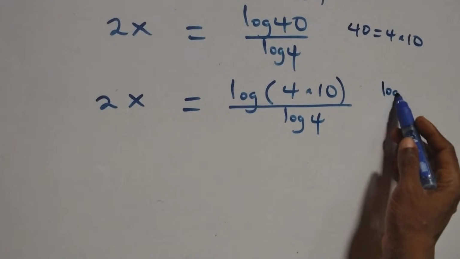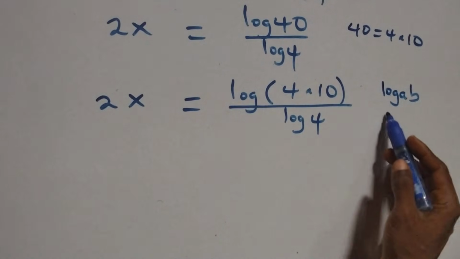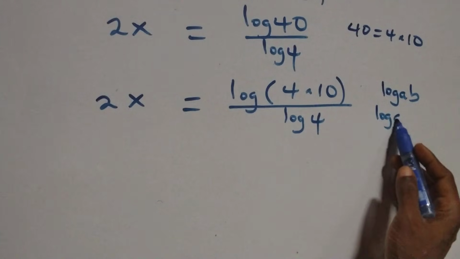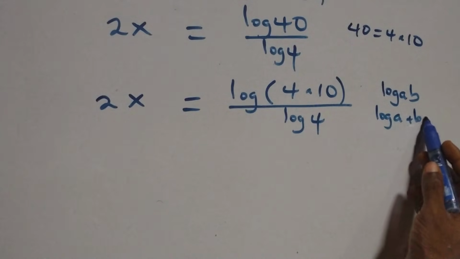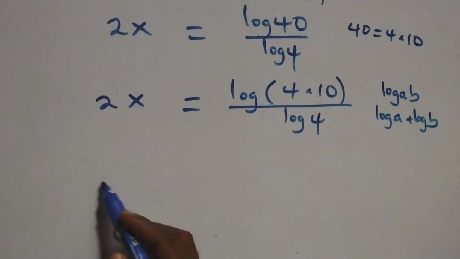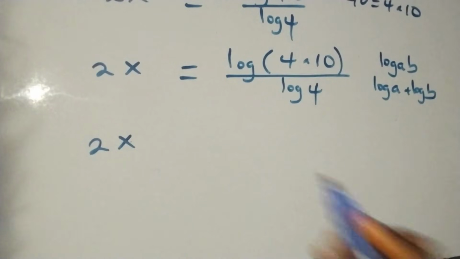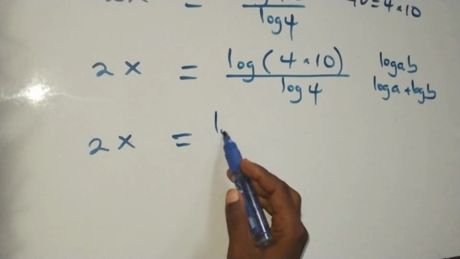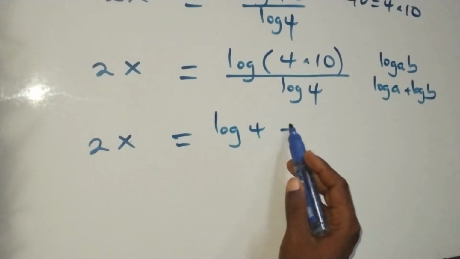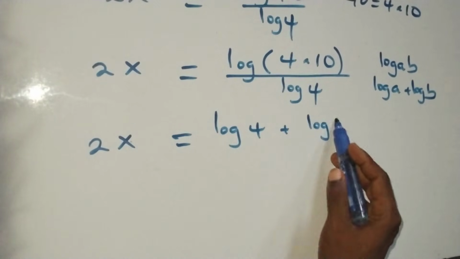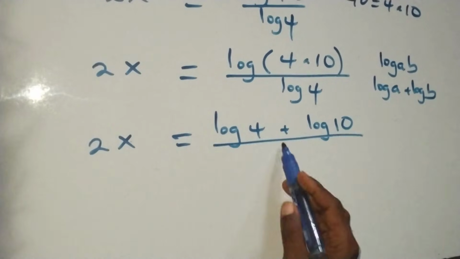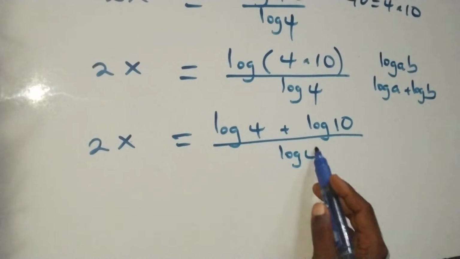When we have log a times b, it's the same thing as log a plus log b. And here we have 2x equals log 4 plus log 10 over log 4.